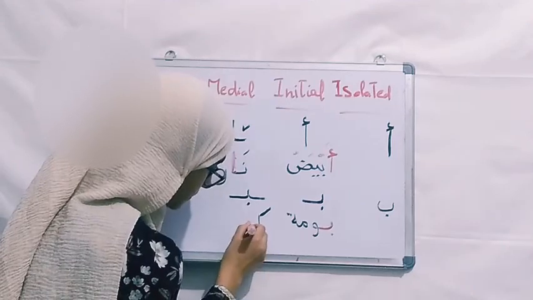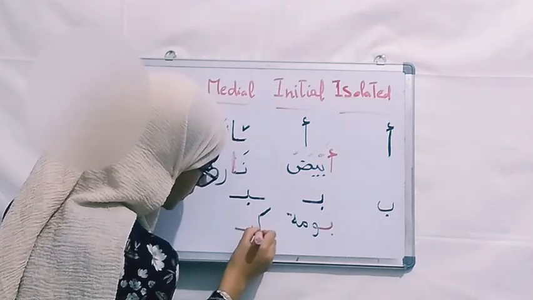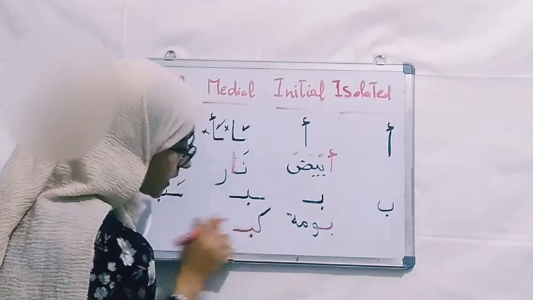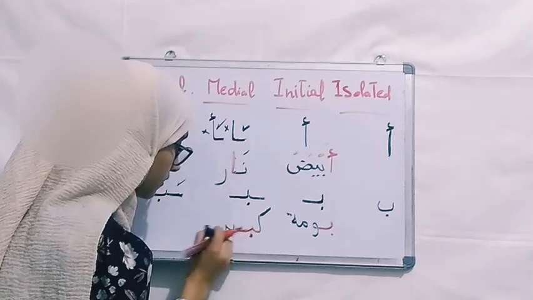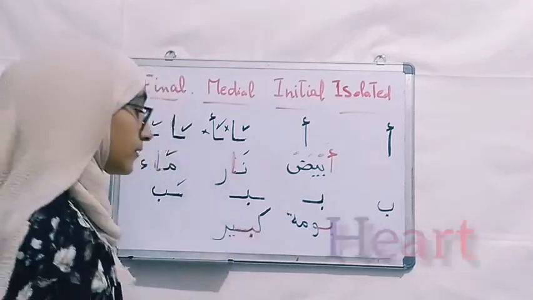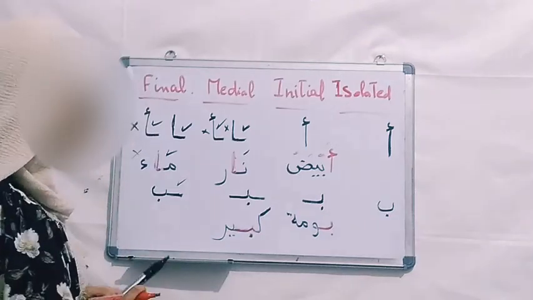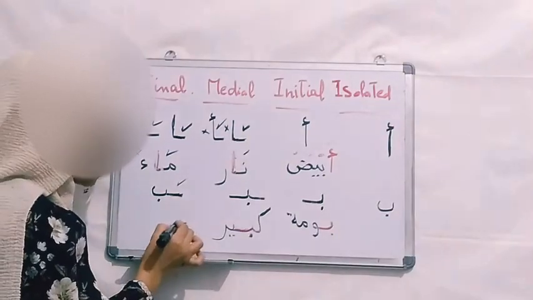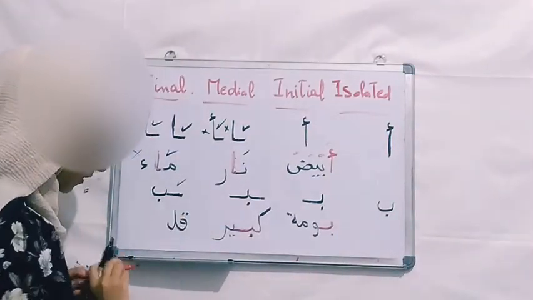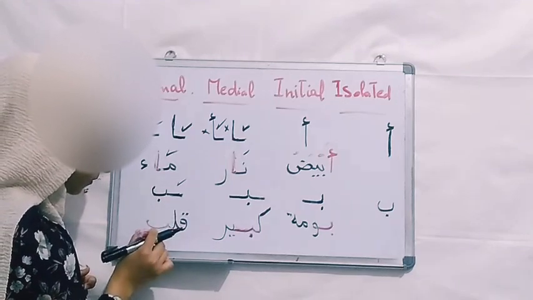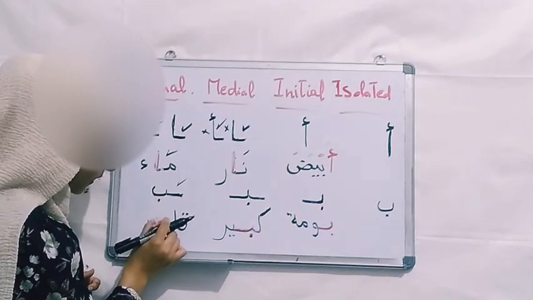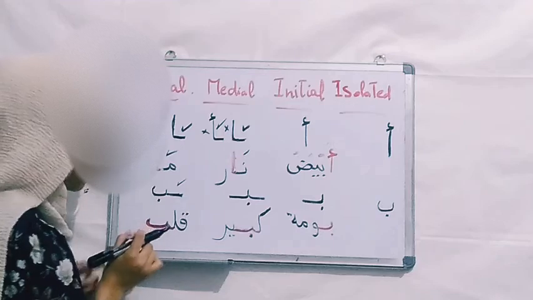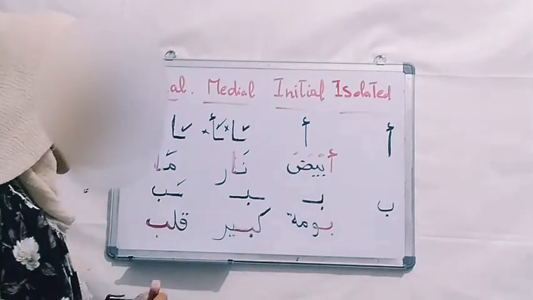You keep the connecting line and you keep this straight, and you put the dot right underneath, then the rest of the word. In the final form, we have qalb. Qalb means heart. Here, you keep the connecting line, then you curve that as in isolated form.